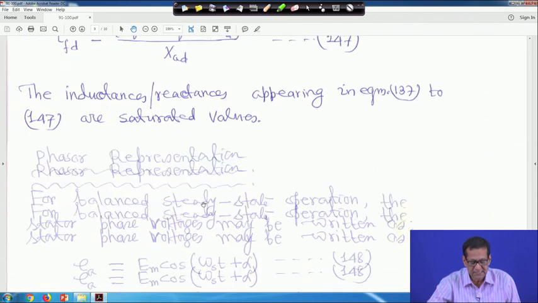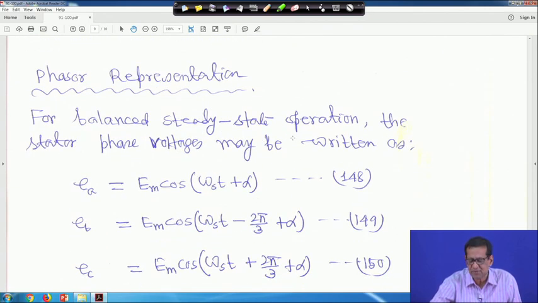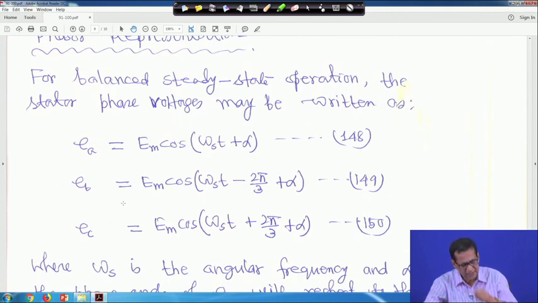So, next is the phasor representation. For balanced steady state operation, the stator phase voltages may be written as EA equal to EM cos omega st plus alpha, right. And similarly, EB is equal to EM cos omega st minus 2 pi by 3 plus alpha, a 120 degree phase shift.